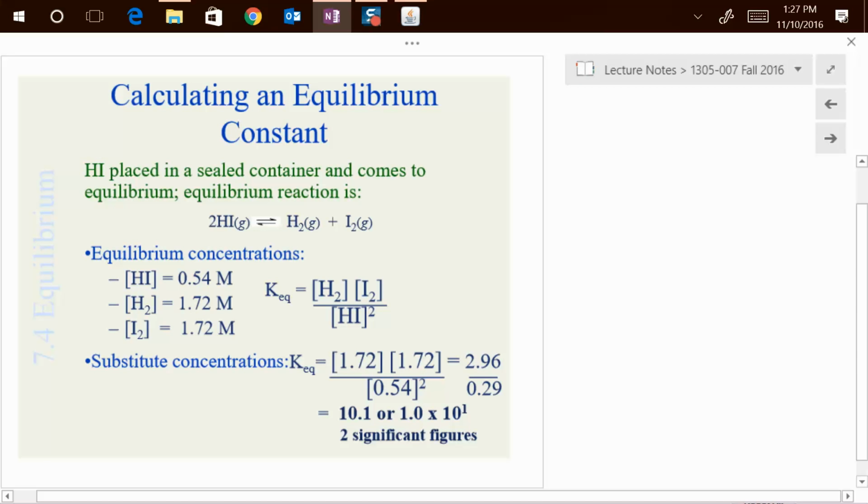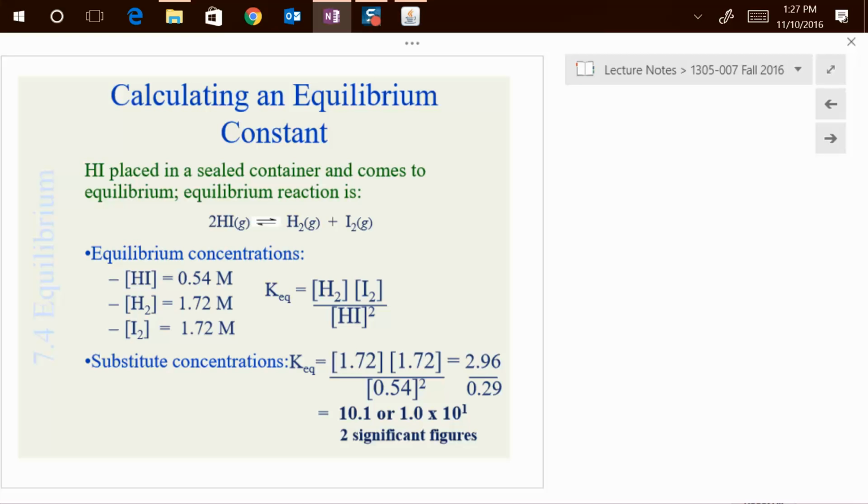So here's an example. HI placed in a container comes to equilibrium. The equilibrium reaction is this: HI is decomposing into H2 and I2. So here's my equilibrium expression: the concentration of H2 times the concentration of I2 divided by the concentration of HI squared, because this has the coefficient of 2. These are the concentrations at equilibrium: HI, 0.54.